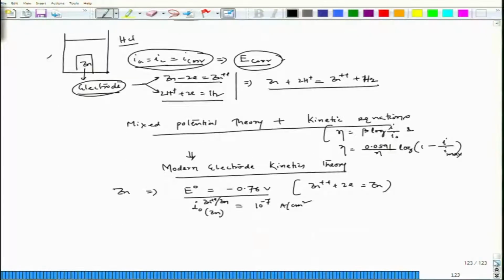Now, similarly, if I consider the hydrogen electrode which is forming on the zinc surface.